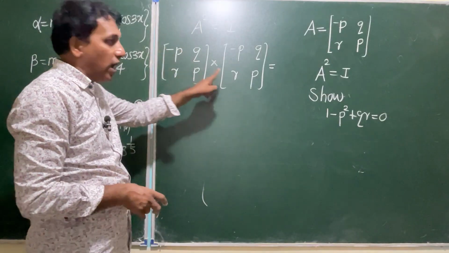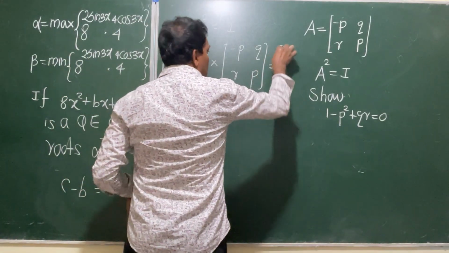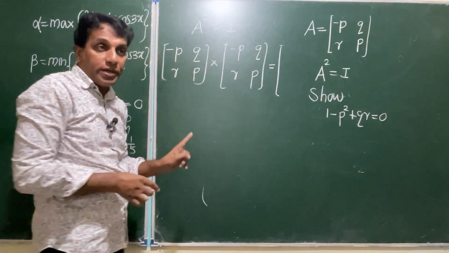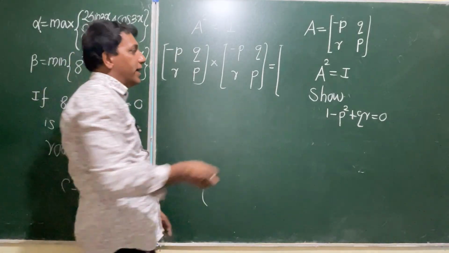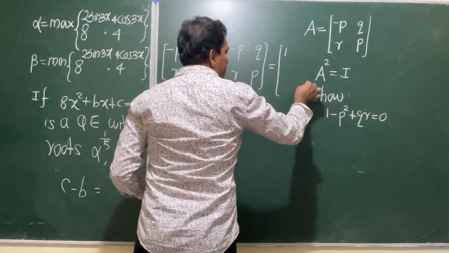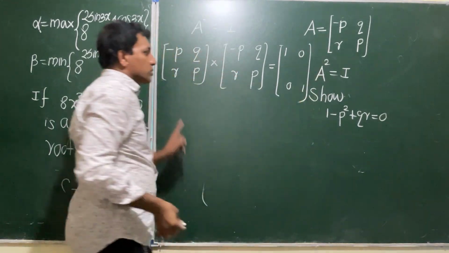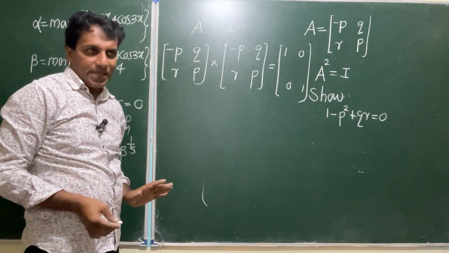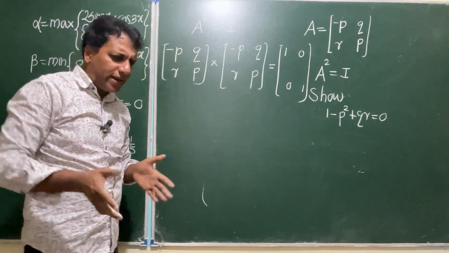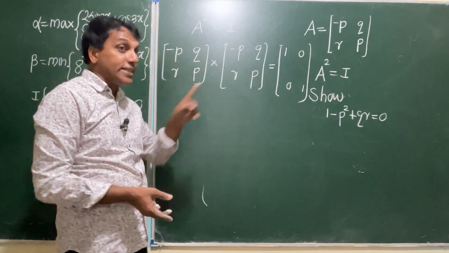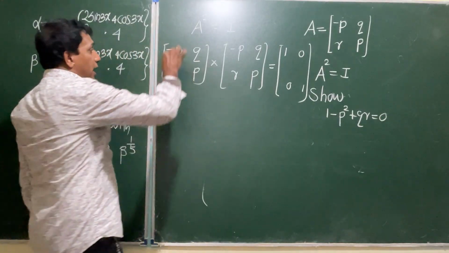Okay, A square, right? So what is I here? According to this order, I becomes I2, right? Therefore, main diagonal unity, the remaining entries 0. So first you can write like this. Now, actually, we have matrix multiplication in the O-level mathematics in the Sri Lankan syllabus. Can you multiply?